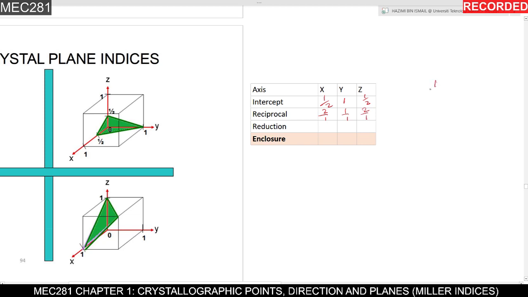Why? Because 1 over 1/2 will be 2/1, right? So you will get 2, 1, and 2. So the enclosure is (2 1 2). So we write it down like this.